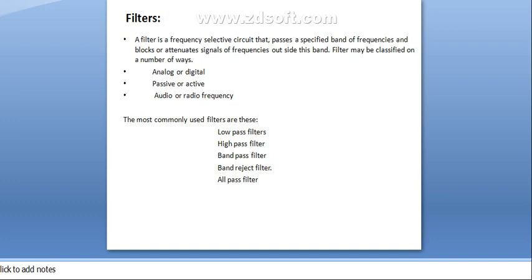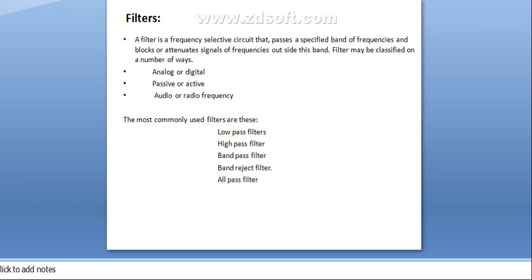Filters are classified as active filters and passive filters. A passive filter uses only passive elements such as resistors, inductors and capacitors. The active filter circuit uses active components such as op amps and transistors, along with resistors, inductors and capacitors.